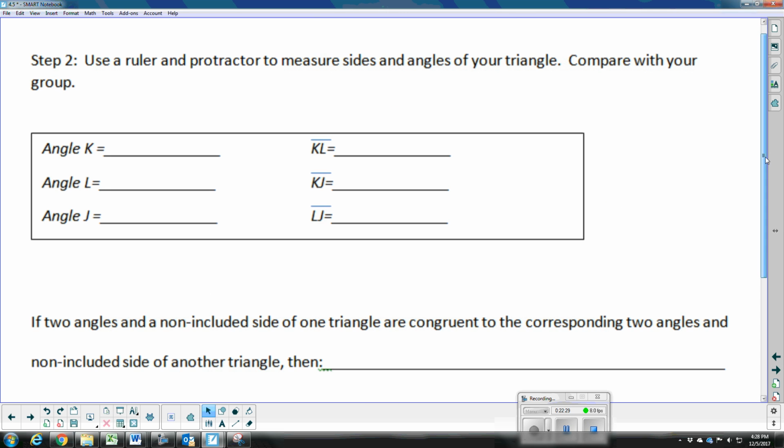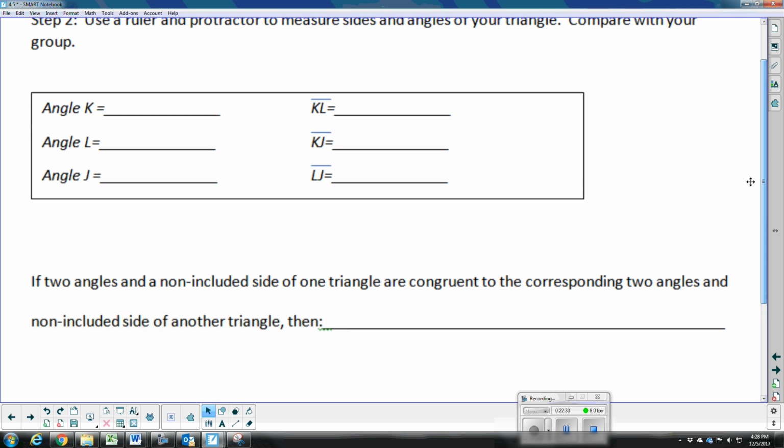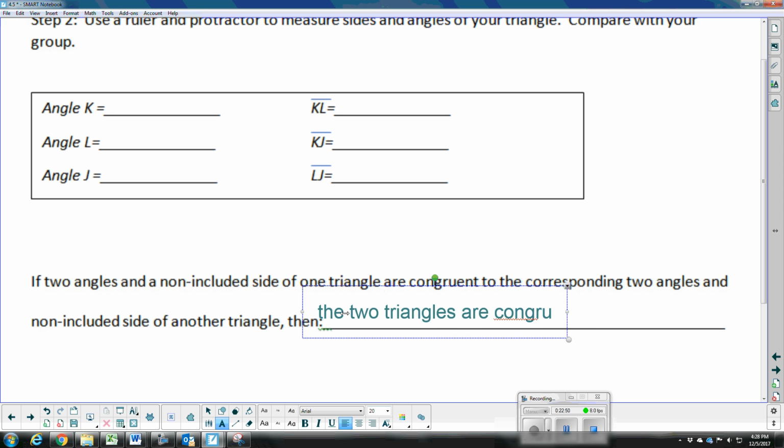So if you measure out those angles and you measure off those sides in every triangle, compare with your group or compare with your peers, in every triangle, they will be exactly the same. So the two triangles are congruent. So side, angle, angle is a valid shortcut.